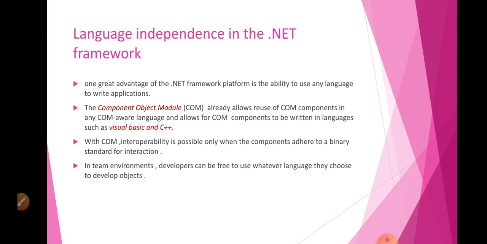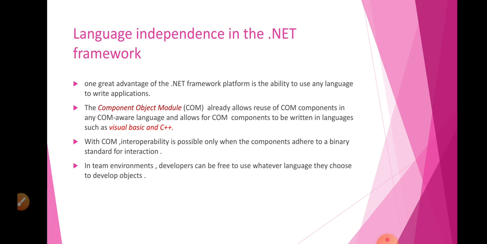Person 1 is well versed in Visual Basic, person 2 is well versed in C++, person 3 is well versed in JavaScript. They may develop programs with the help of their own skills. After that, the CLR will execute it. That is, in a team environment, developers can be free to use whatever language they choose to develop objects.